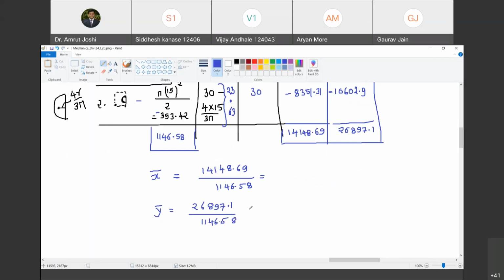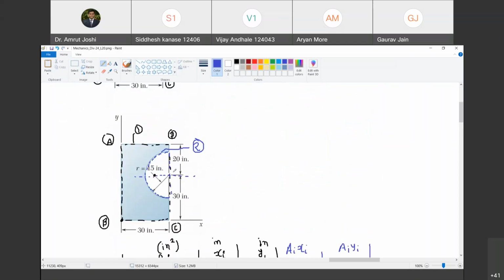So x bar is 12.33 inch and y bar is 23.48 inch. So now what I am going to do is take this figure down and mark this centroid on this figure.